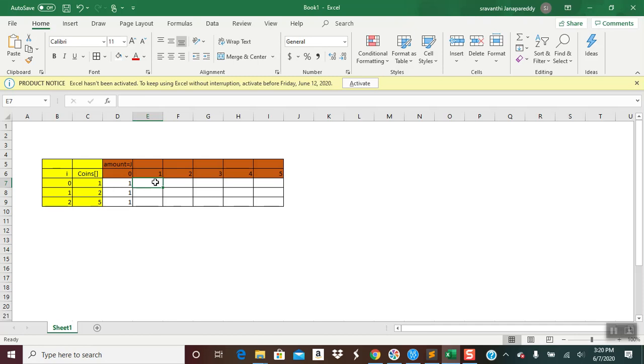Now, when you pick 1 to make sum 1, by picking up 1, you can easily tell that with 1 I can make sum 1, and 2, and 3, and 4, which means yes, you can make it: with 1 coin you can make 1, with 2 coins you can make 2, with 3 coins you can make 3.